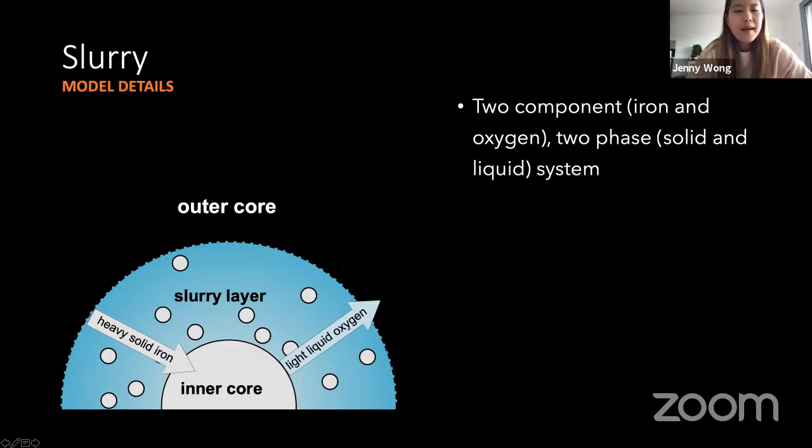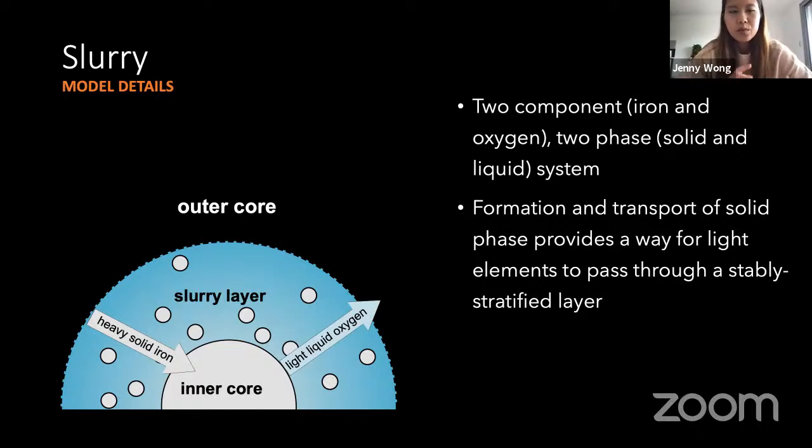So we have crystals of solid freezing out from the liquid alloy, which happens above the inner core boundary, and they fall under gravity towards the inner core in order to grow it. So we have this distributed release of light liquid oxygen, while heavy solid iron builds up the F layer.